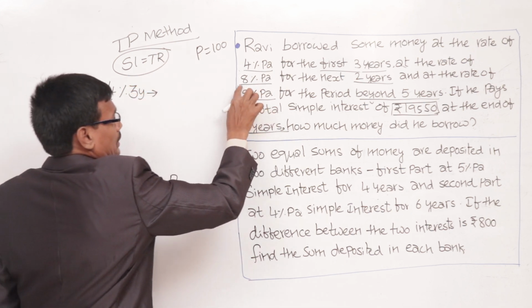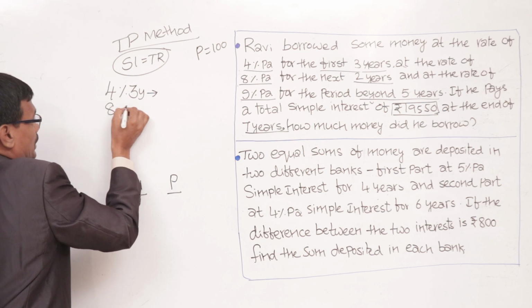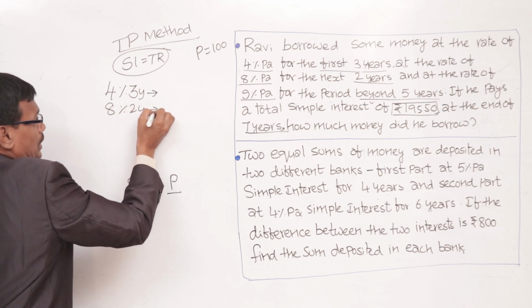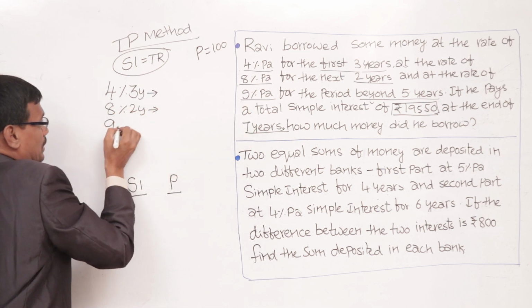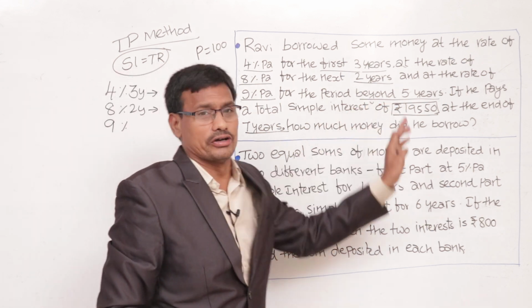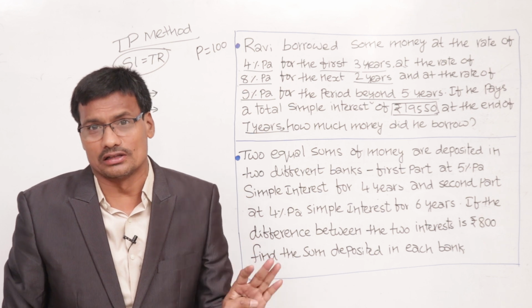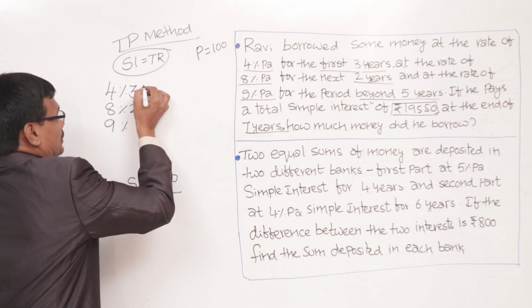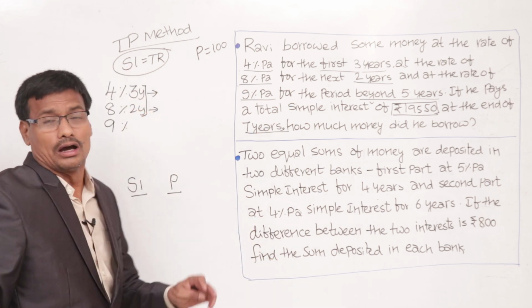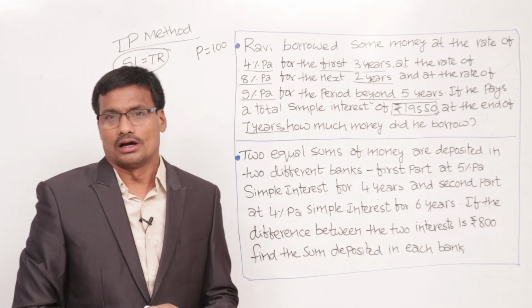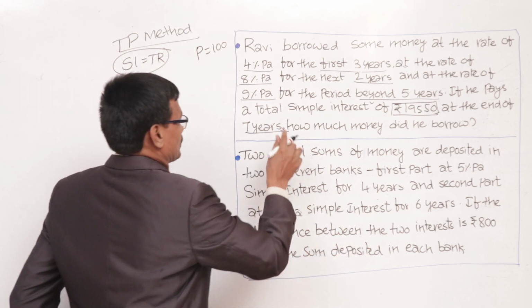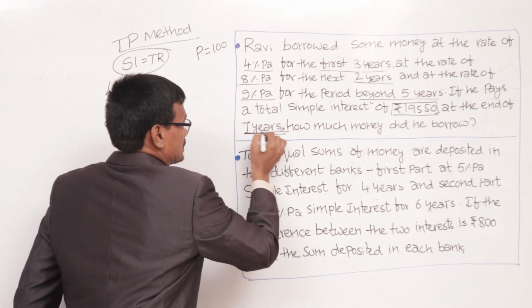Then another one 8% for 2 years, and another one 9% for beyond 5 years, means not 5 years. Beyond 5 means 3 plus 2, 5 years. On top of that, total how many years? 7 years.